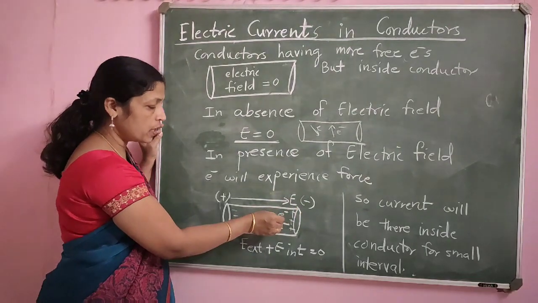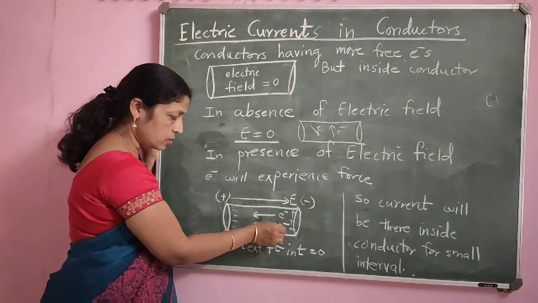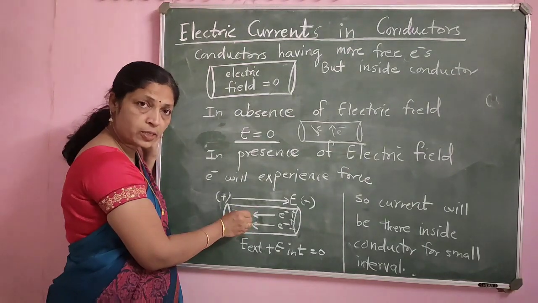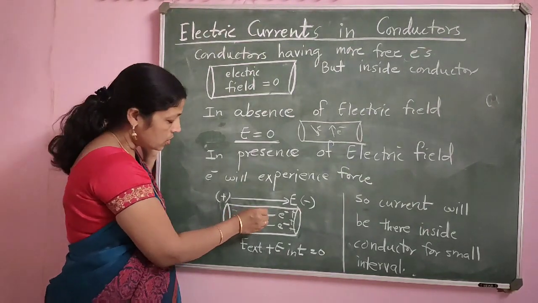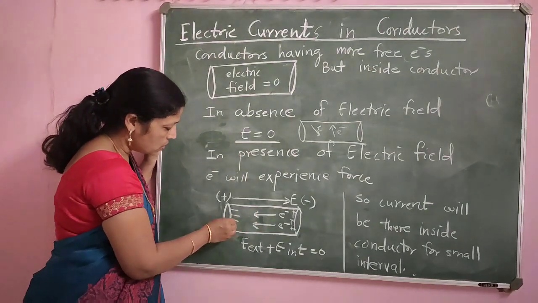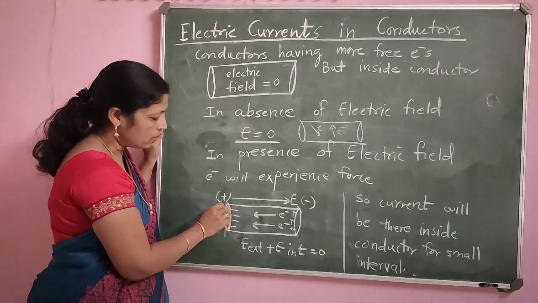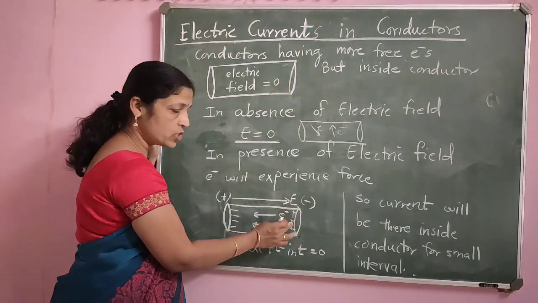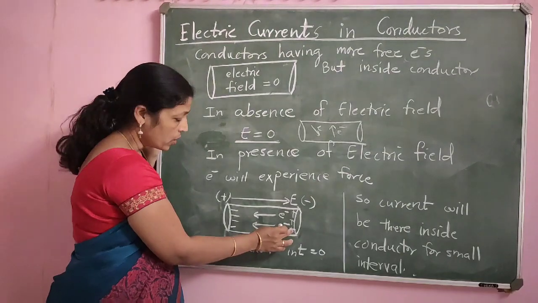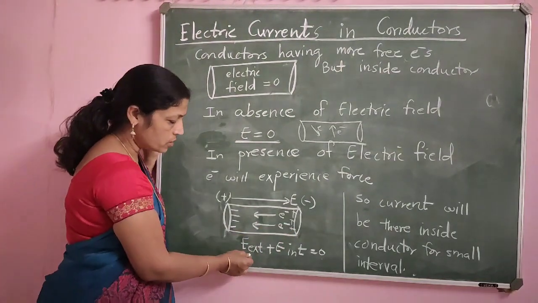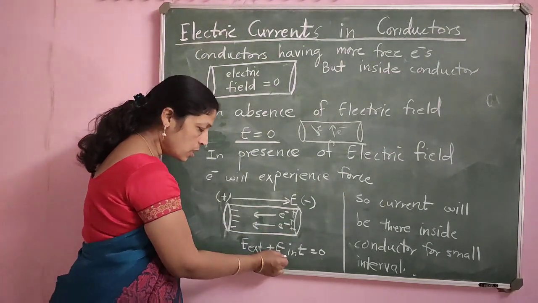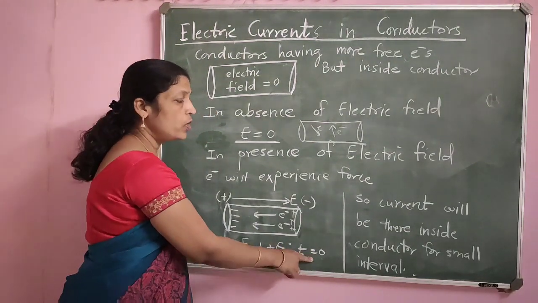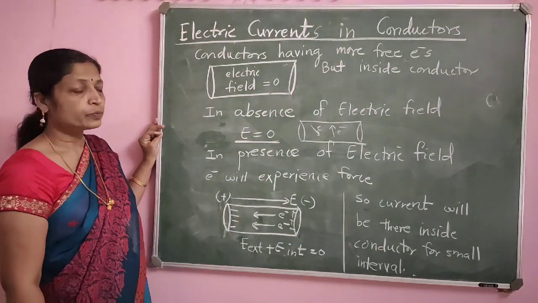The electrons present inside the conductor will move in the direction opposite to the external electric field, such that negative charges will be at one side and positive charges at the other side due to deficiency of electrons. Then the external electric field and the internal electric field, which is produced due to drifting of electrons, sum to 0.